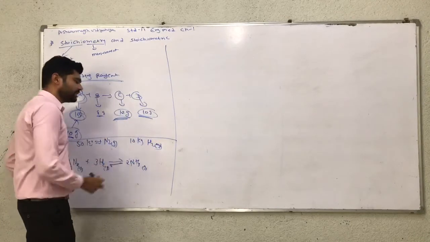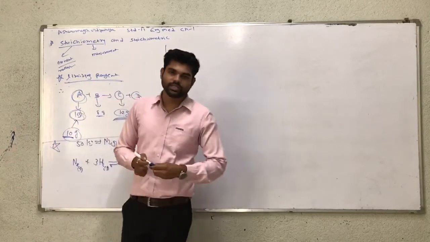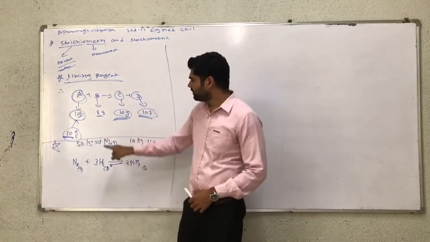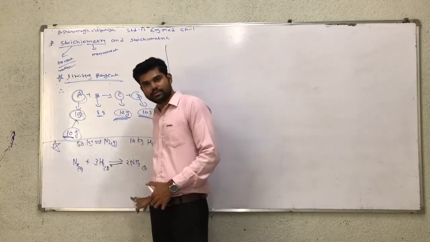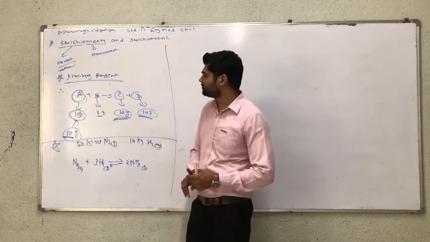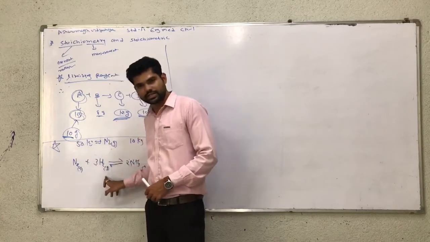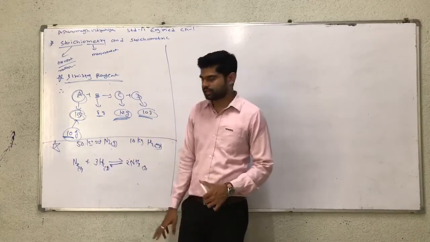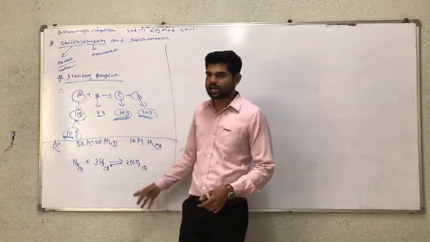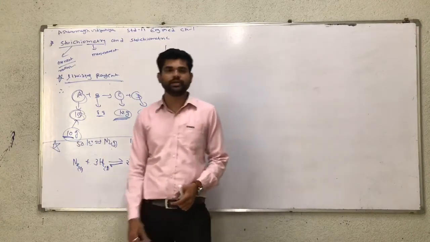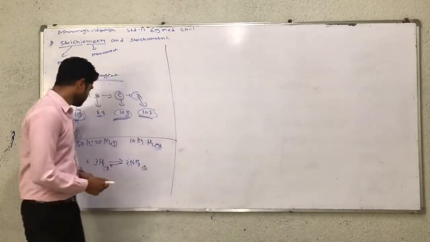Then find how much NH3 is created and find the limiting reagent in this reaction. So first we have to find which is the limiting reagent, H2 or N2, and after finding the limiting reagent, how much NH3 will be produced.